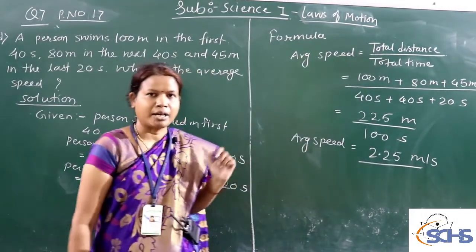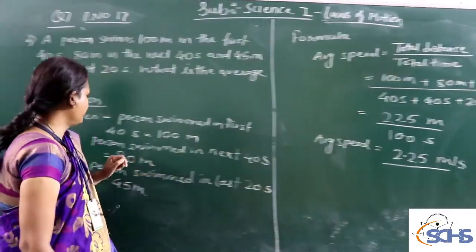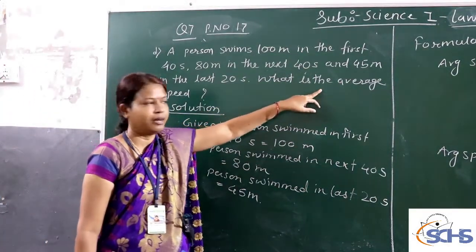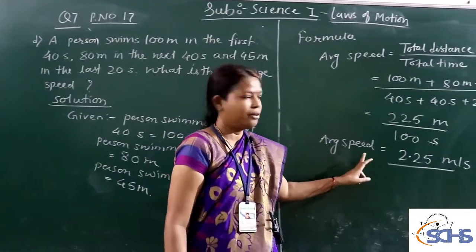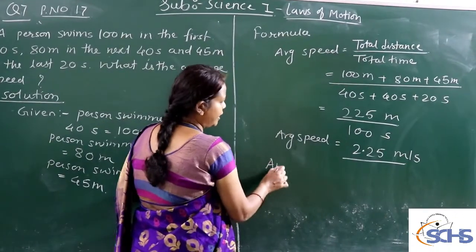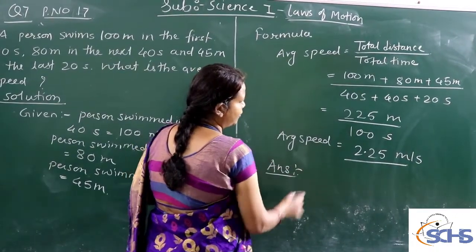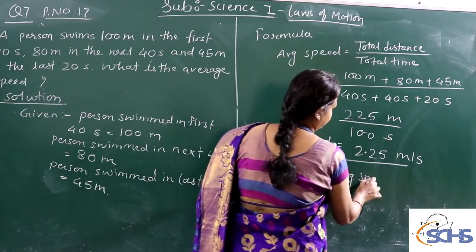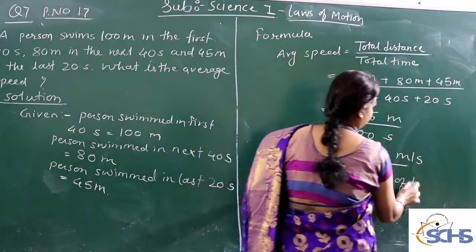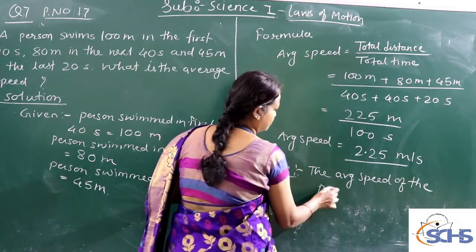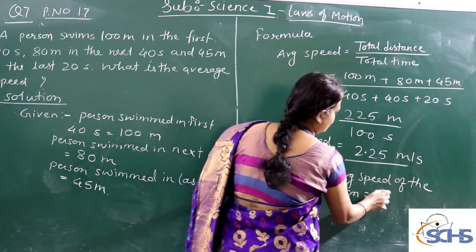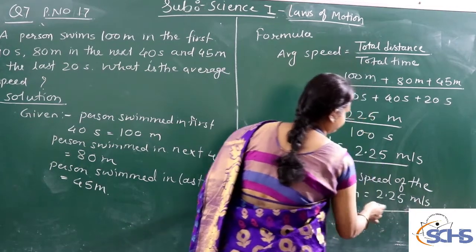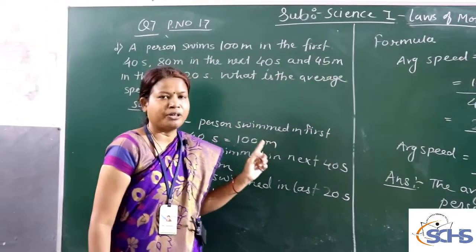This is our final answer. So what we have to find out? We have to find out what is the average speed. So average speed of that person, you can write the answer in the last. The average speed of the person is equal to 2.25 meter per second. Write down this problem in your regular copy.